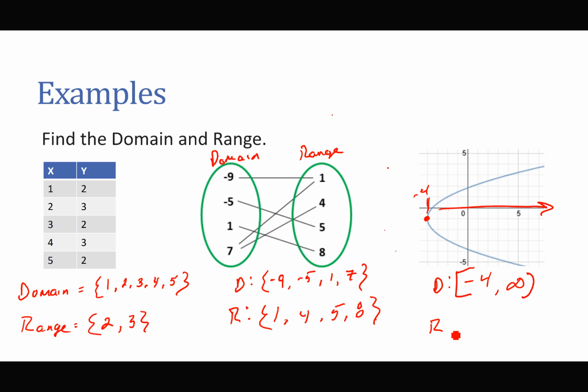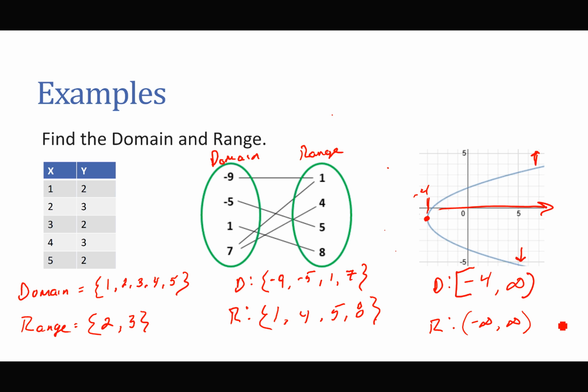And then my range, if I think of up and down, I can see that this is continuing to get higher and higher as we go in the positive x direction. And this is continuing to push down as I go in the positive x direction. And so this is -infinity all the way to positive infinity.